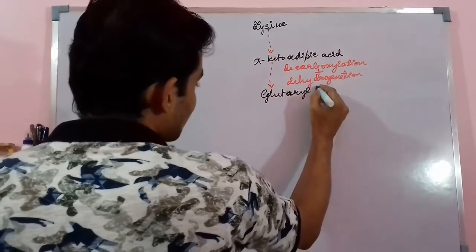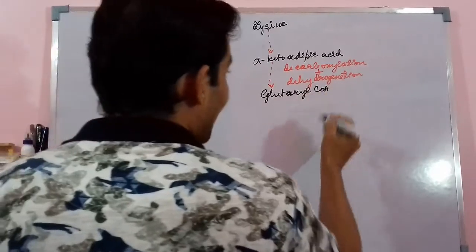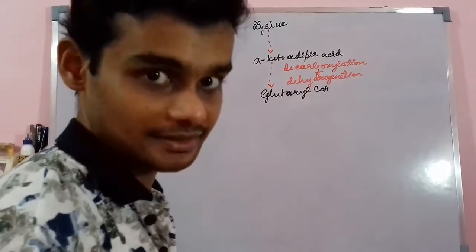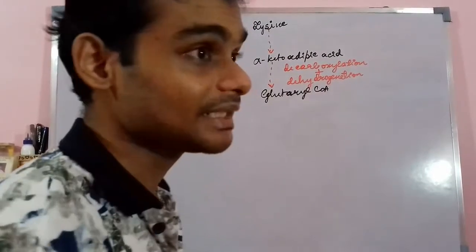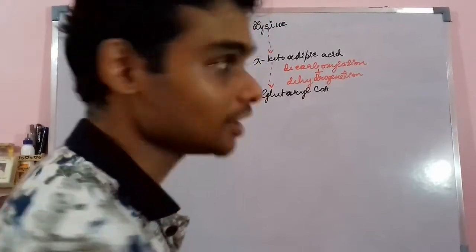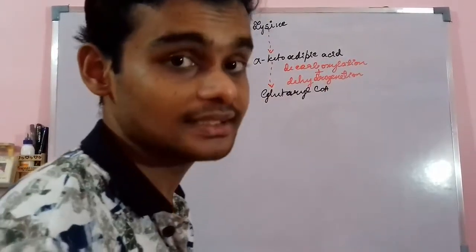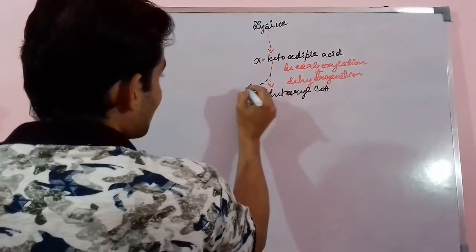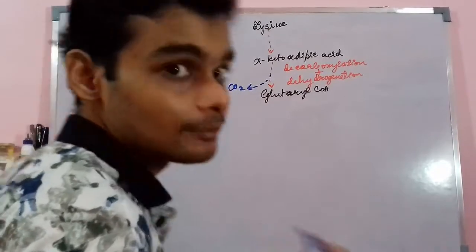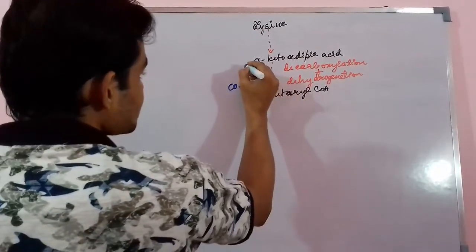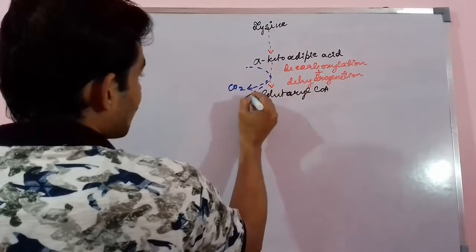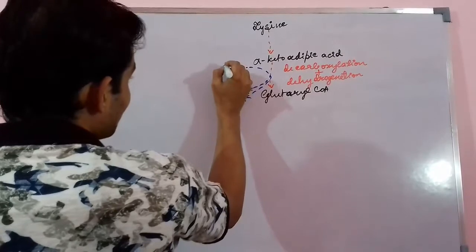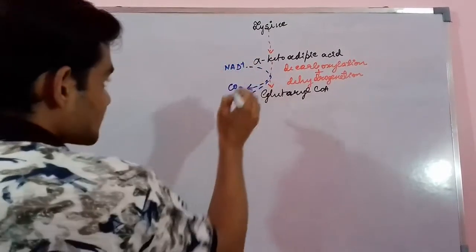Glutaryl-CoA, coenzyme A, and that happens in the presence of two different intermediary metabolic processes, which are crucial for the decarboxylation and dehydrogenation to occur simultaneously. For the decarboxylation, CO2 is removed, and for the dehydrogenation process, NADH is formed from NAD+.